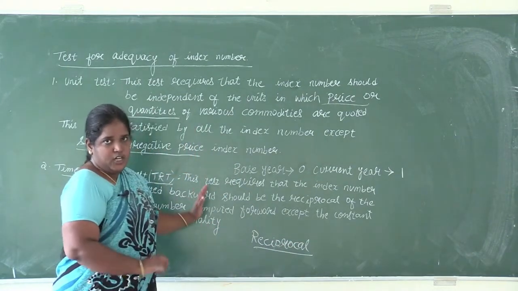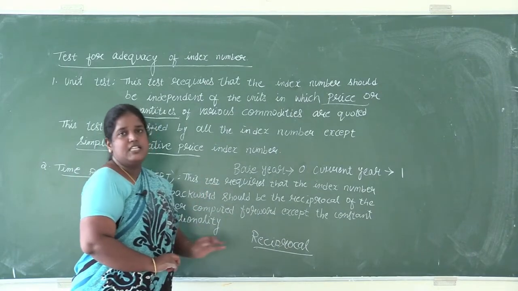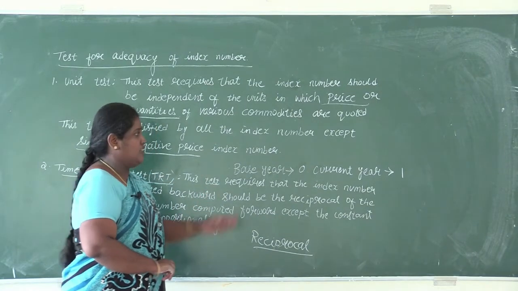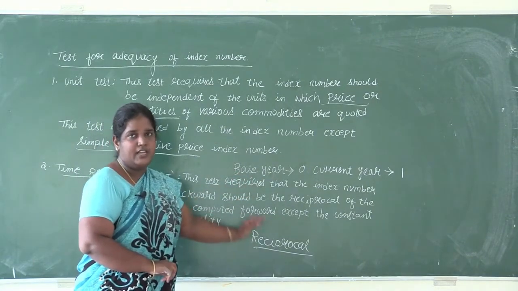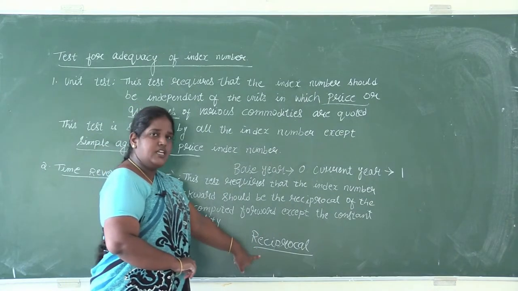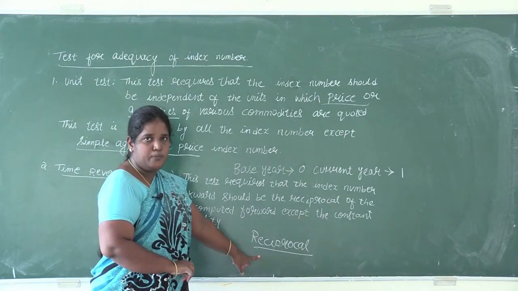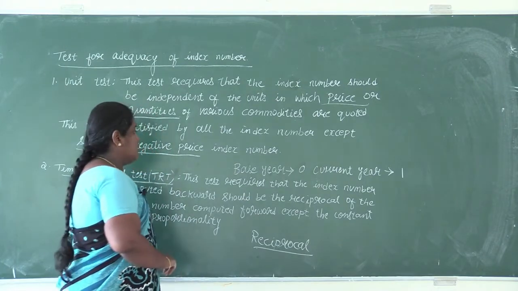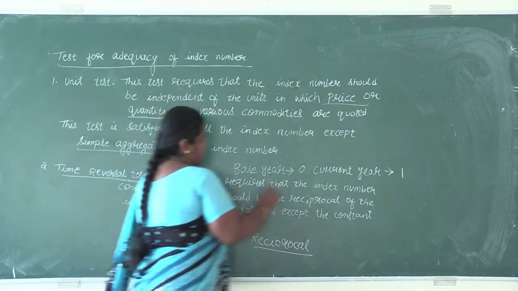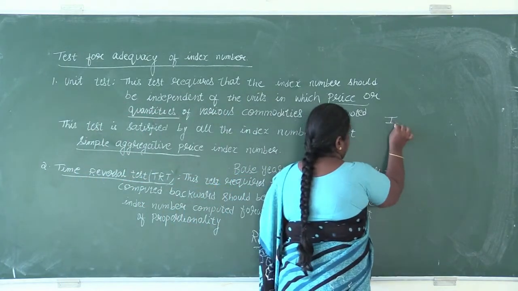According to the time reversal test, an index number should be such that when the base year and current year are interchanged, the resulting index number should be the reciprocal of the earlier. This definition is given by Irving Fisher.